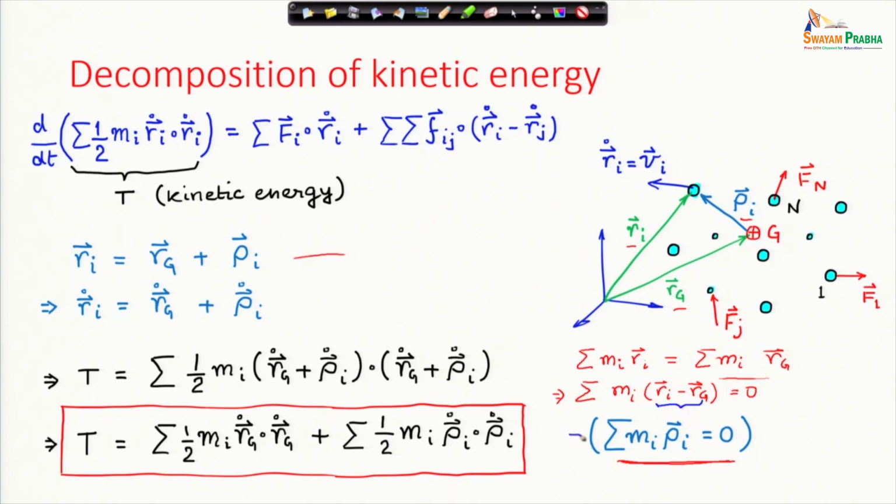Therefore, it follows that summation of m_i rho_i vector is equal to a 0 vector. Because this summation of m_i rho_i is 0, summation of m_i rho_i dot is also 0. So, when you use all these conditions, you come to the second step from the first step.